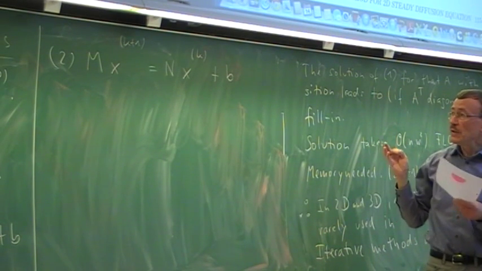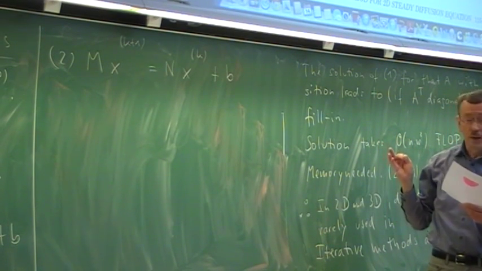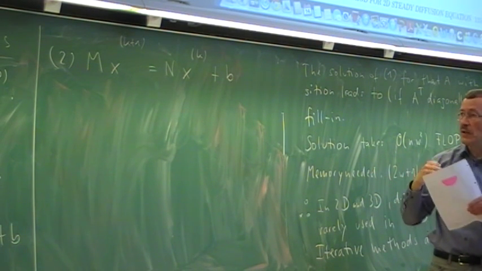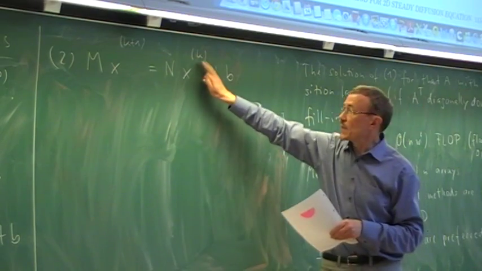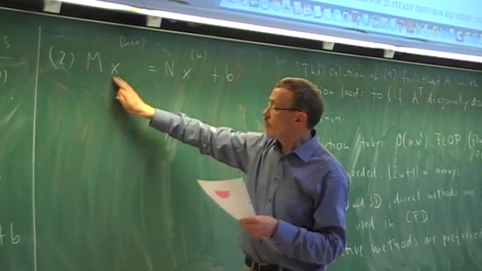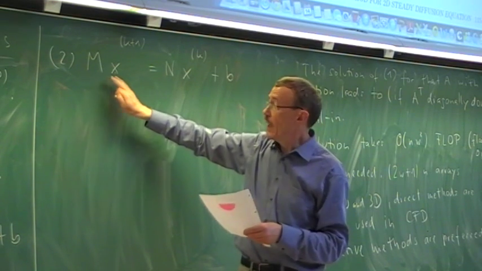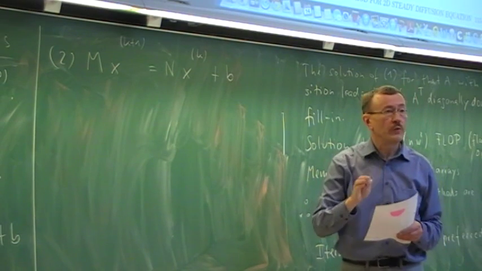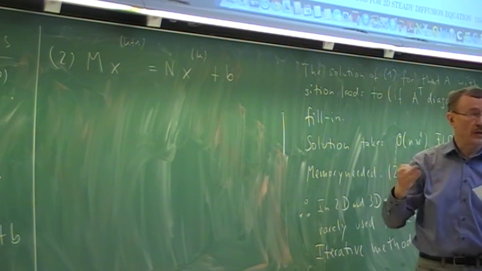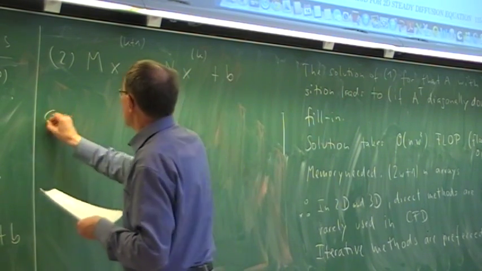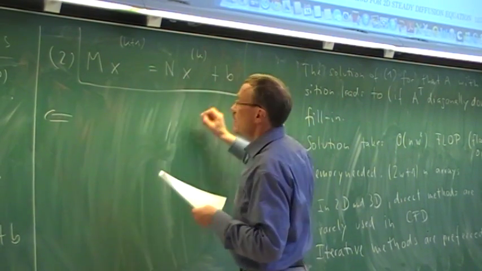So now you see how it's working. We distinguish now between the iteration levels. In the beginning, we have x0. And then we compute a new iteration by solving this system. And solving with M should be simpler than solving with A. Otherwise, we could do it directly. And this is equivalent, so this is the key point.